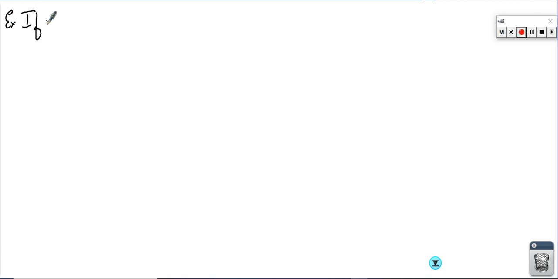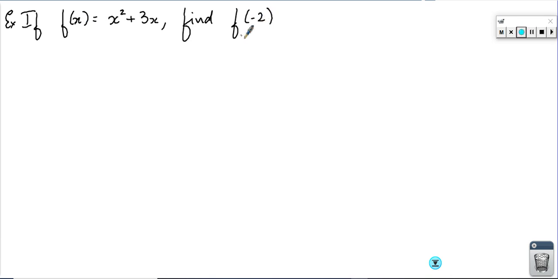Another example, if f(x) equals x squared plus 3x, find f(-2). Now, what is the input here? The input is the one in between the brackets. Here the input is minus 2.